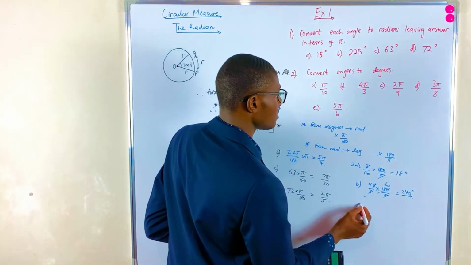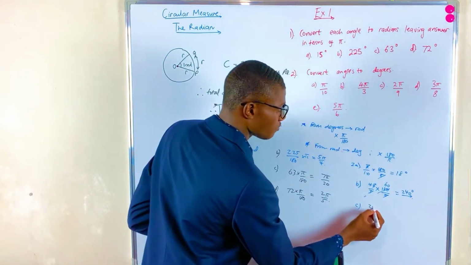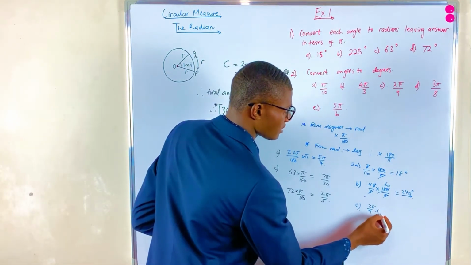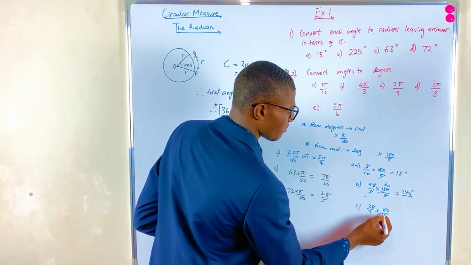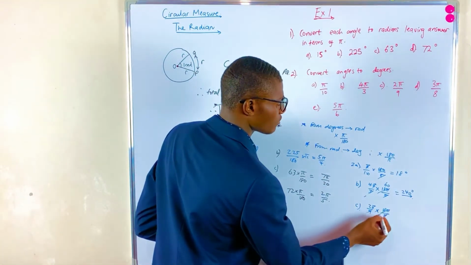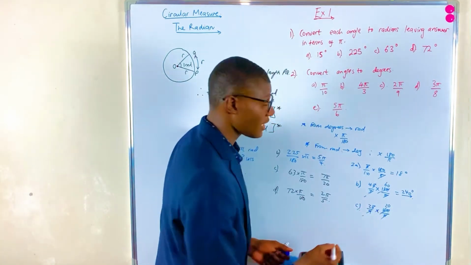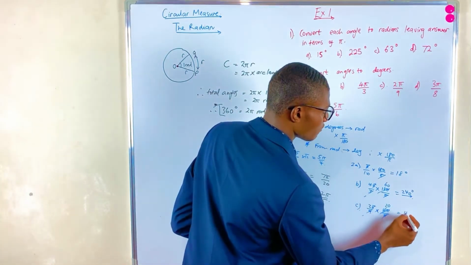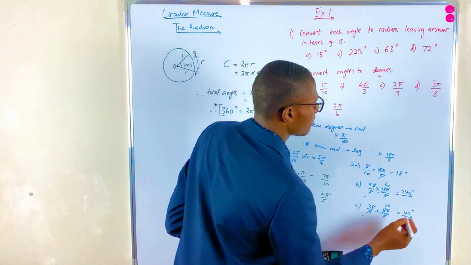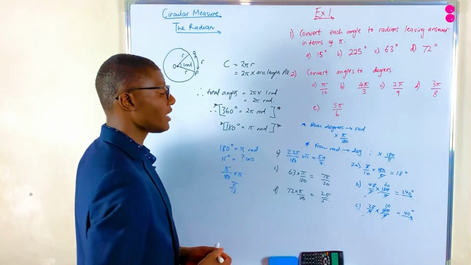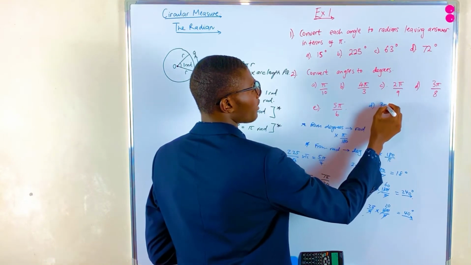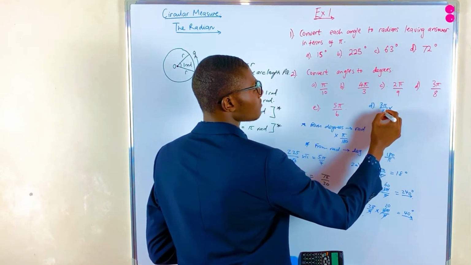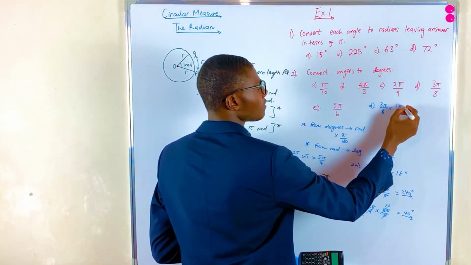And then part C, we're saying 2 pi over 9 times 180 over pi. The pi's cancel. 9 into 180, we get 20. Then 20 times 2, we get 40 degrees. And then the fourth part D, we're saying 3 pi over 8 times 180 over pi.